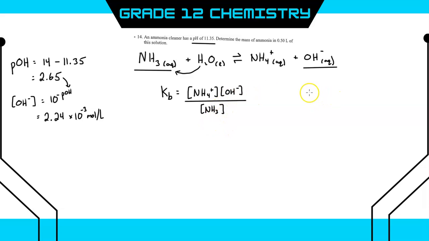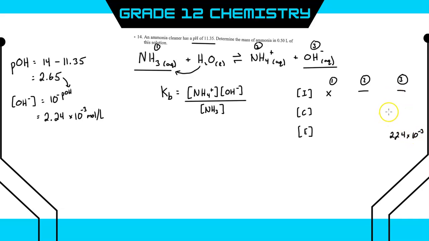Okay, so let's do our little ice chart on the side there. So I, C, and E, where we have ammonia as 1, ammonium, and hydroxide, so 1, 2, and 3. Initially, we have some ammonia. I don't know how much, so let's label it X. And then the change, well, we know the change because we know how much hydroxide we end up getting. So the equilibrium of our hydroxide is 2.24 times 10 to the minus 3.